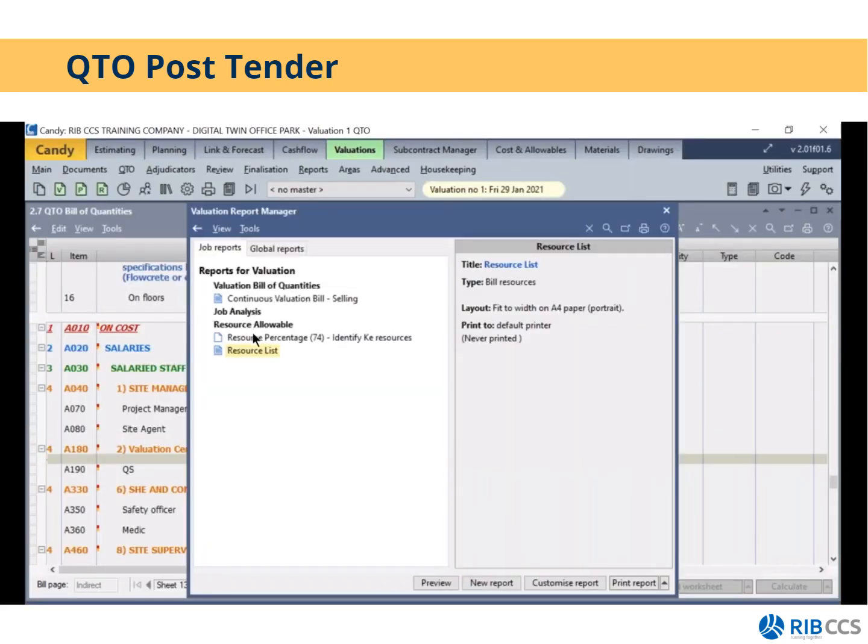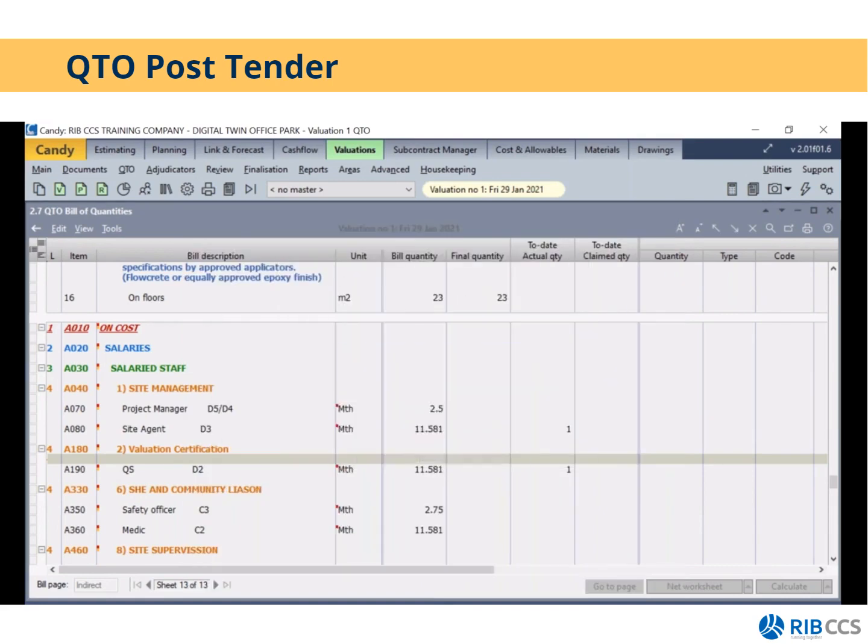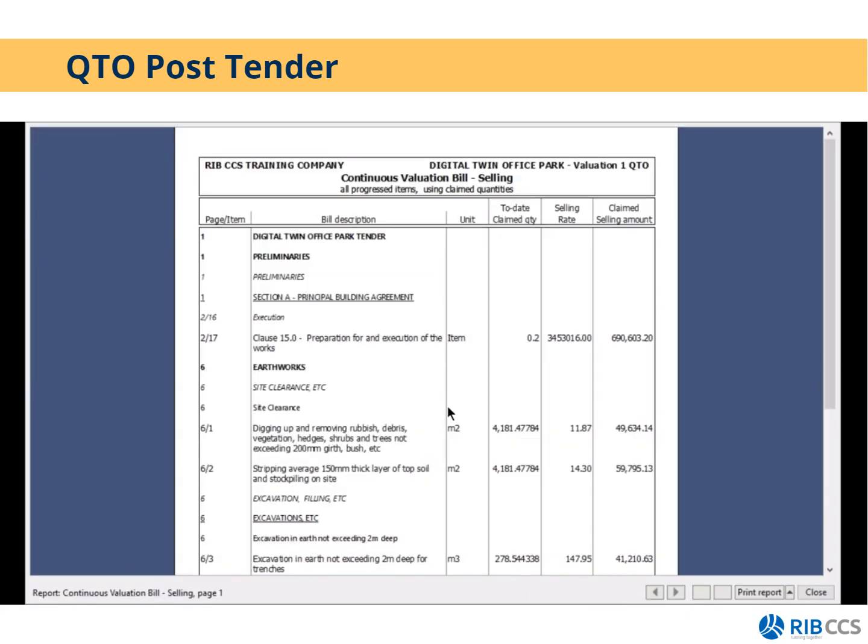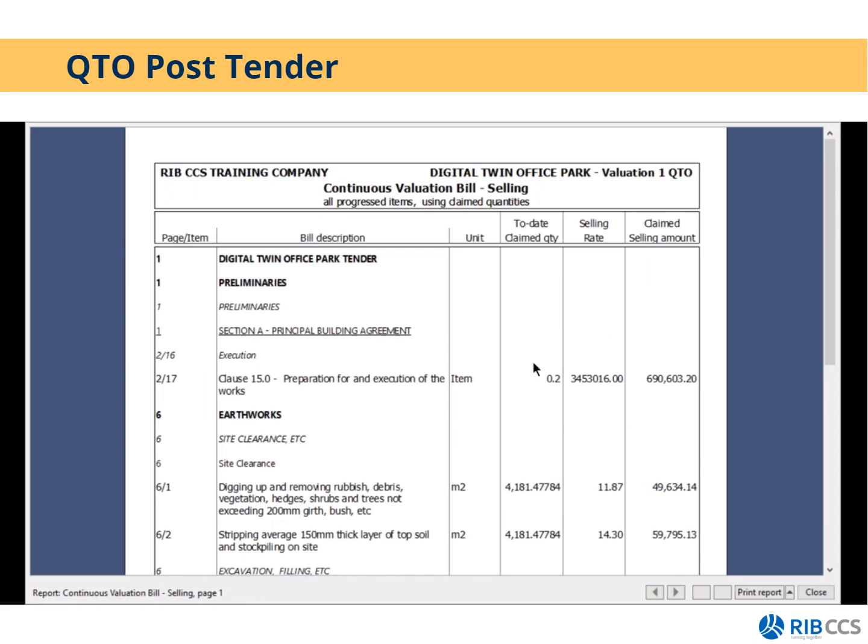Then I can also print the value of my continuous valuation bill selling. This would then be what I could submit to my client for my monthly valuation, my interim payment claim. It has the bill items, the to date, the selling rates, etc.